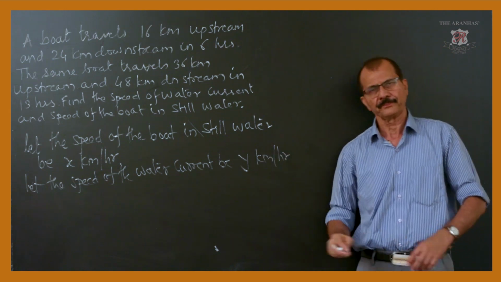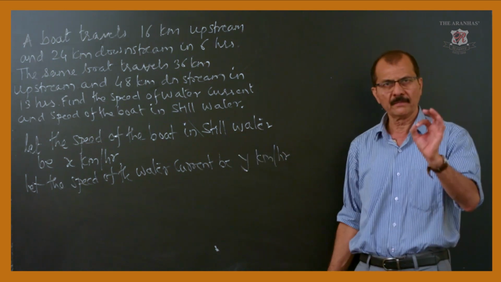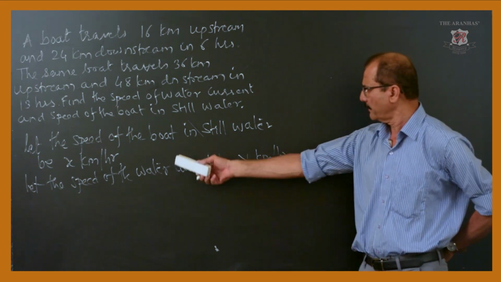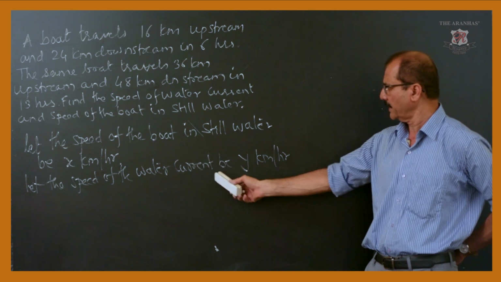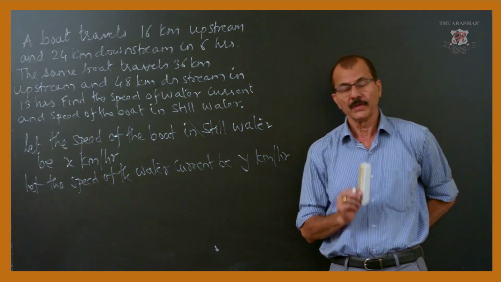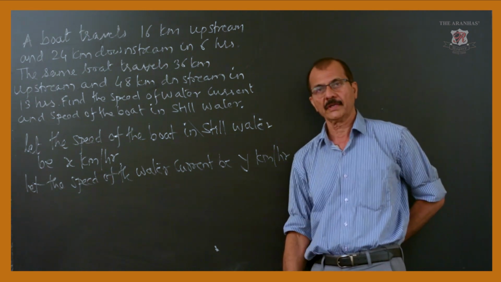I hope this is very much clear to you, that the speed of the boat in still water is x kilometer per hour and the speed of the water current is y kilometer per hour. Now, you know the speed of the boat, you know the speed of the water current.